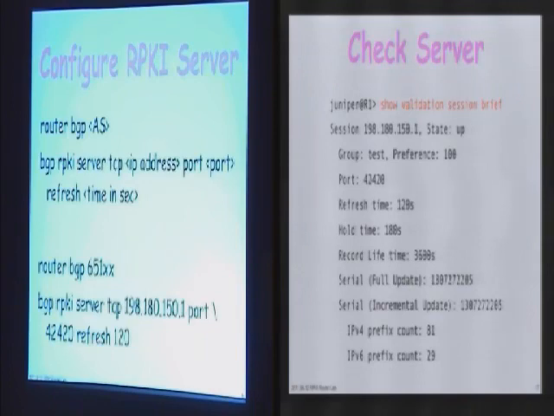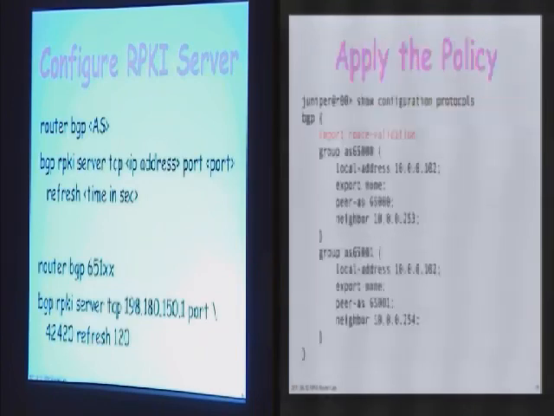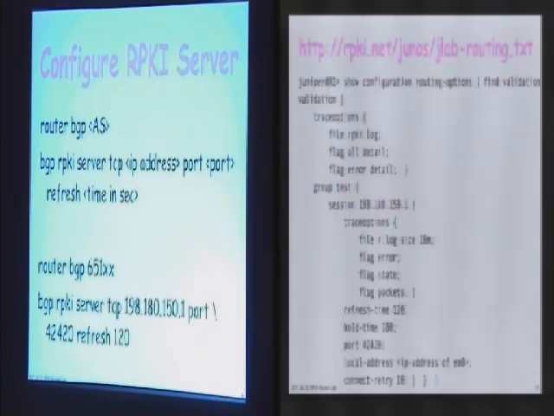Once again, there are three things. The routing policy, which you can cut and paste from the web page. Observe the next to the last line of that slide. Local address, yes.